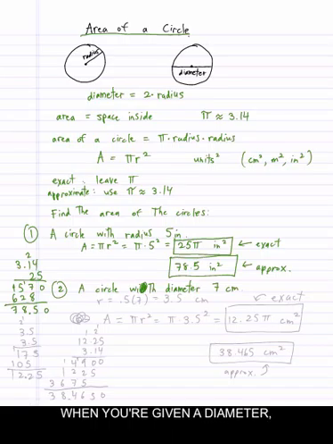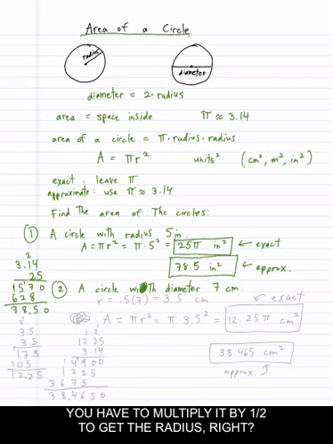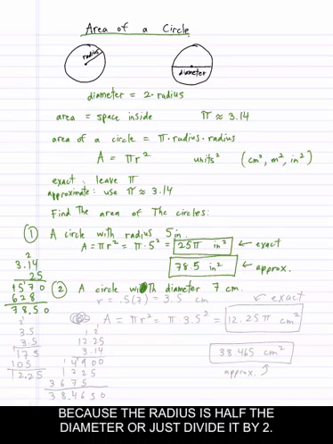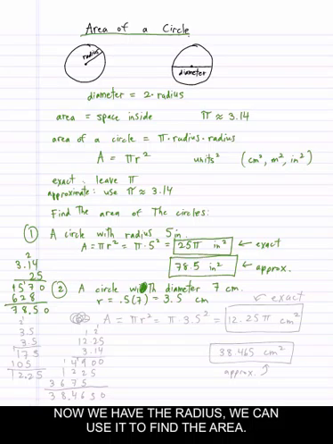When you're given the diameter, you have to multiply it by 1/2 to get the radius, right? Because the radius is half the diameter. Or just divide it by 2. So the radius is going to equal 0.5 times 7, which is 3.5 centimeters.